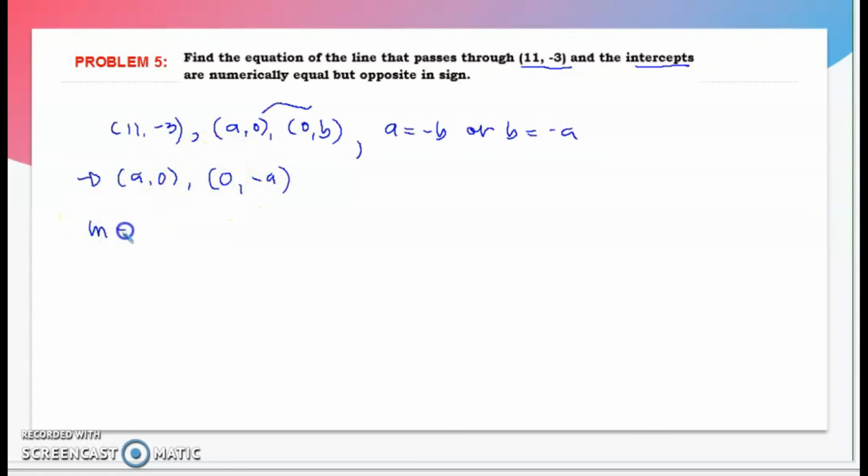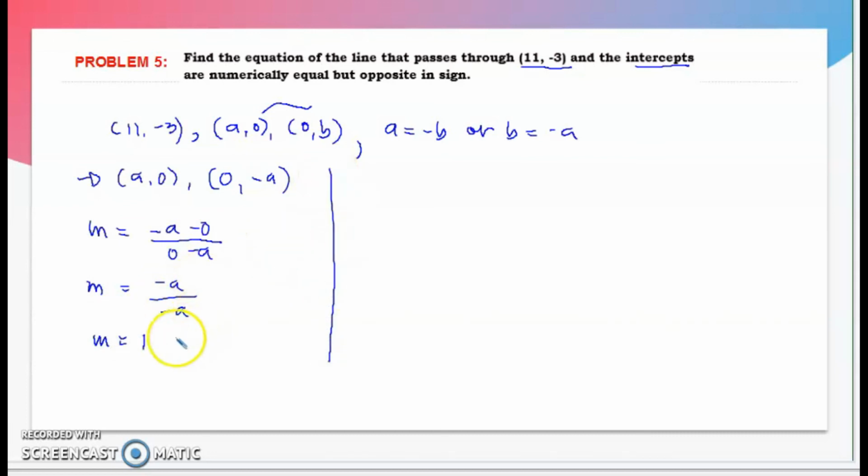So, find the slope. So, negative a minus 0 over 0 minus a. And then simplify. So, negative a minus 0 is negative a. 0 minus a is equal to negative a. So therefore, the slope is equal to positive 1.